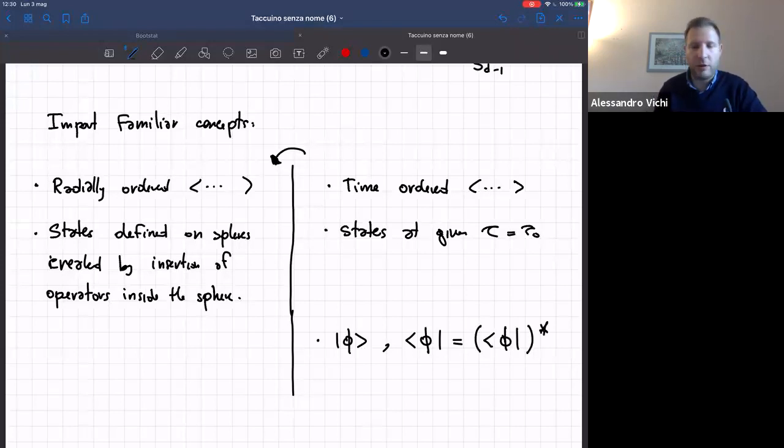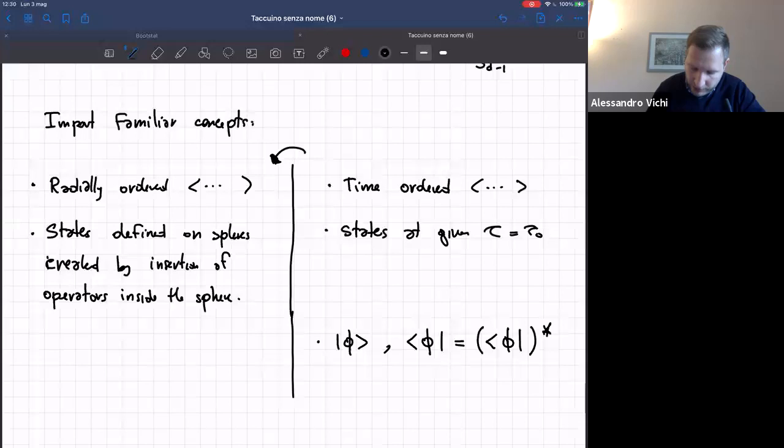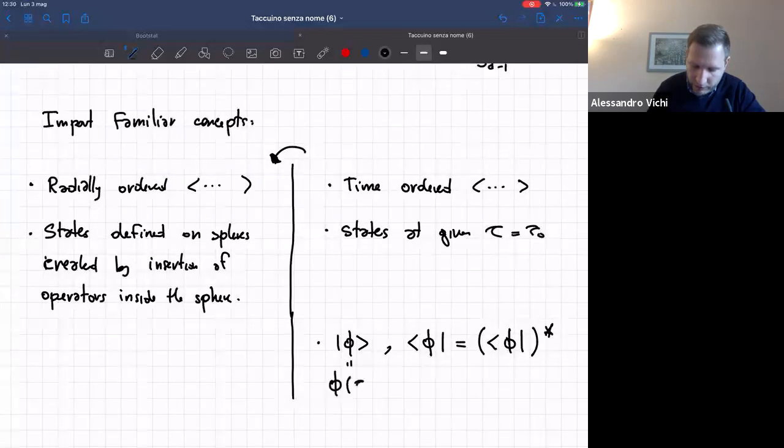In Euclidean quantum field theory, if this one is created by an operator inserted at a given time acting on the vacuum, this one is created by the operator inserted at minus the time.